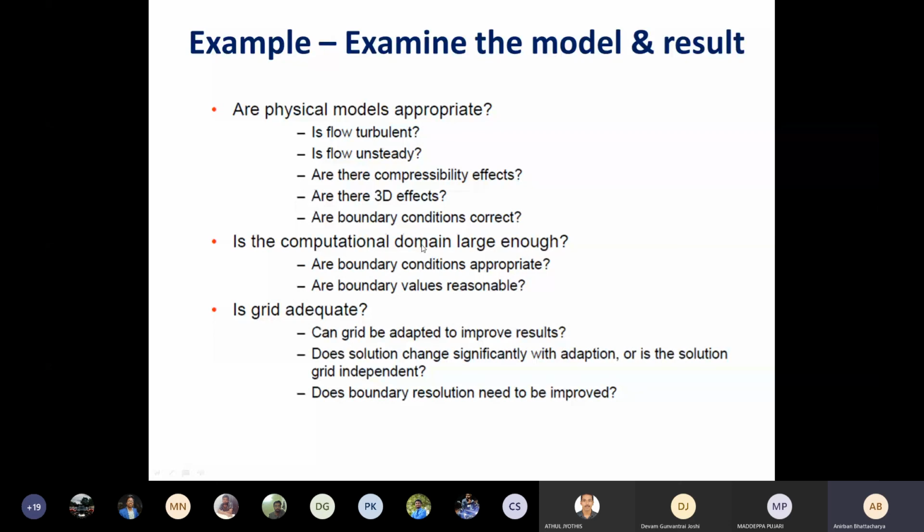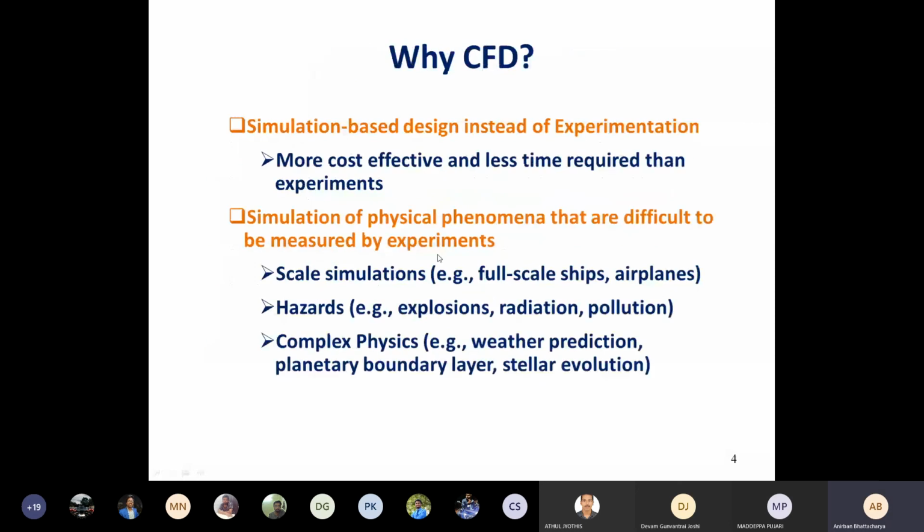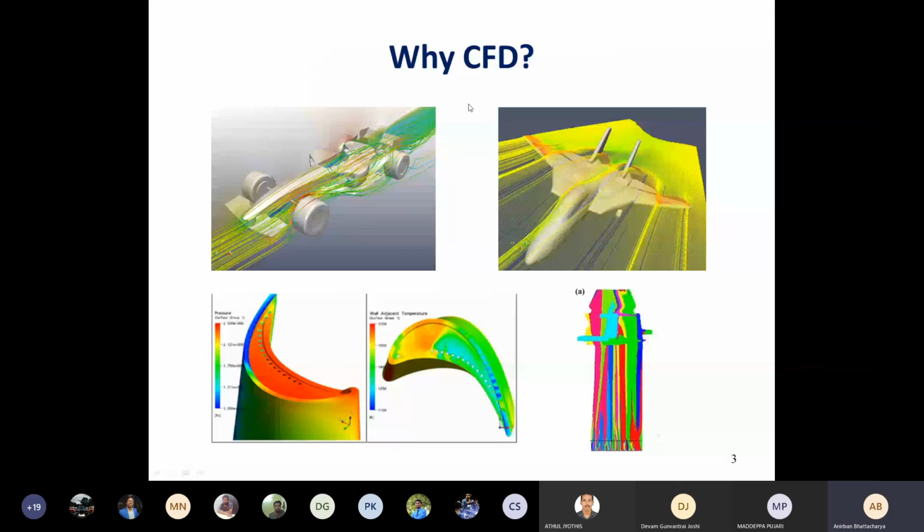If we do not take the appropriate domain, say for this Formula 1 problem that I have shown you previously, if I take this domain, what you can see here, you will get a very inaccurate solution. What will happen is that the boundaries are too near to the object, the Formula 1 car. So the flow pattern will be very inaccurate after the object.